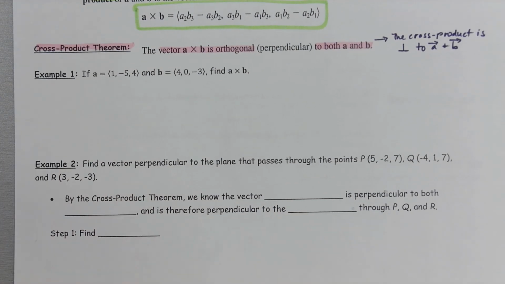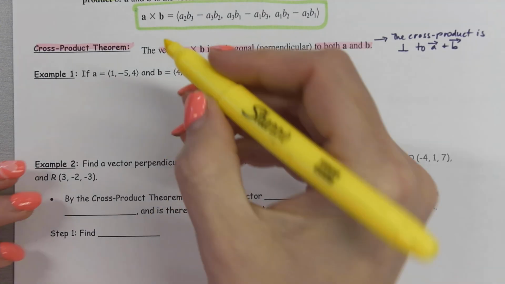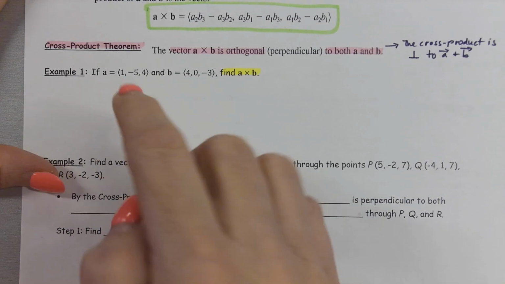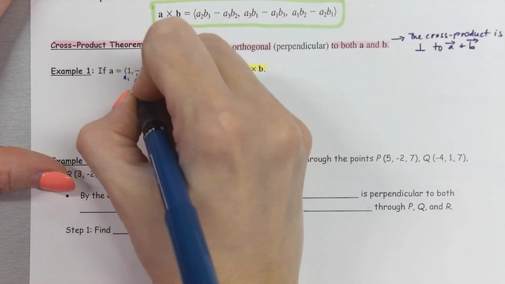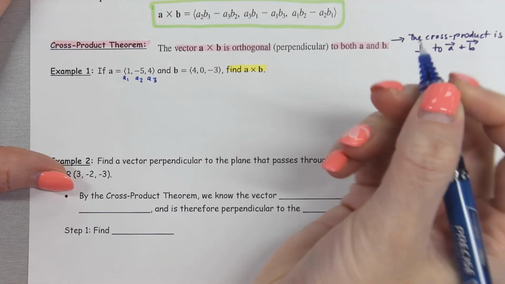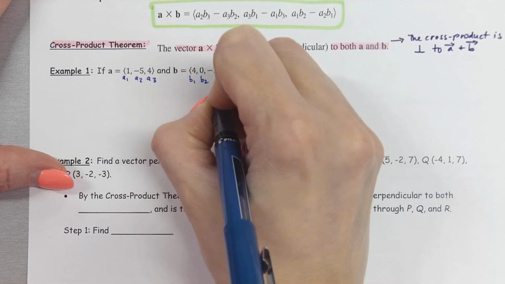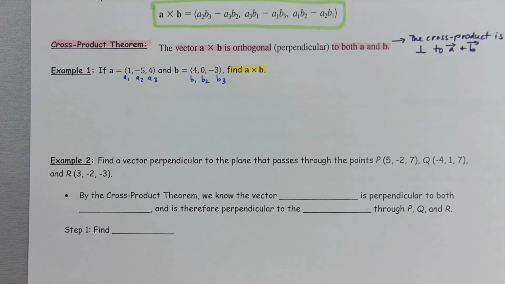Okay, so if we are finding the cross product, we are going to use that formula. They give you the values for A and B, and you have to find the cross product. One thing that I find helpful is labeling each of my vectors. So here I have A sub 1, A sub 2, A sub 3. For B, I have B sub 1, B sub 2, B sub 3.